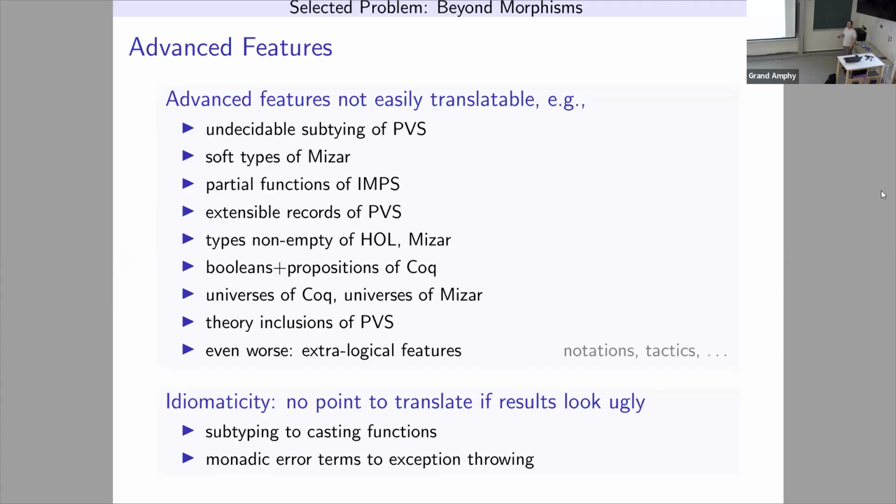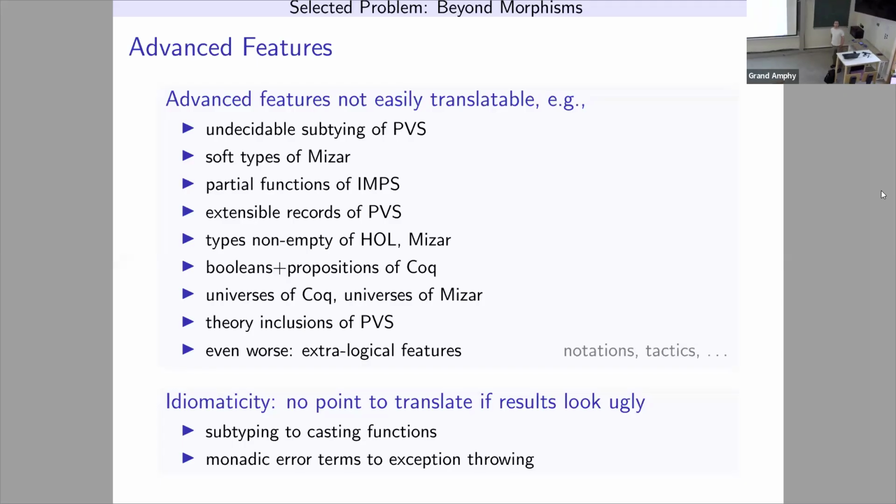But if you want to then later use the translation to move the library of the source logic into the target logic, and if you then want to actually use the translated library in the target logic, you better produce something that's idiomatic. And so that may mean that even if a compositional translation is available, you want to instead do a non-compositional one that produces better looking results. And unfortunately, this happens pretty much everywhere.